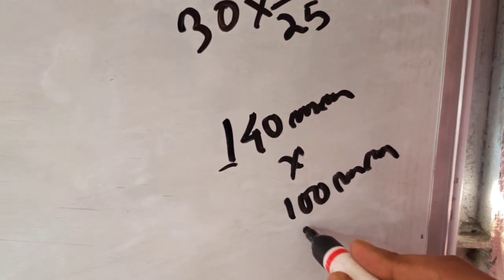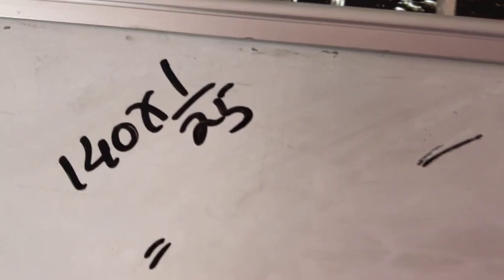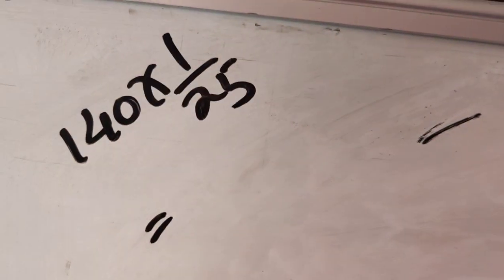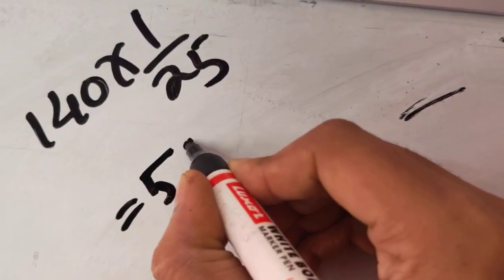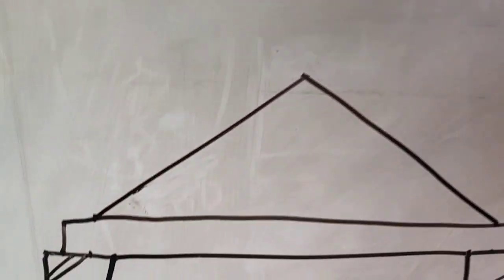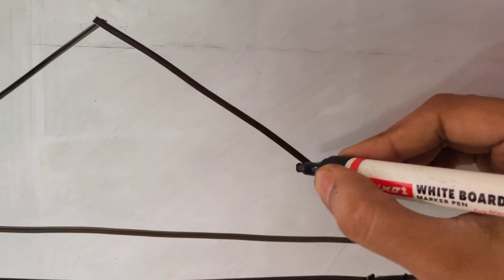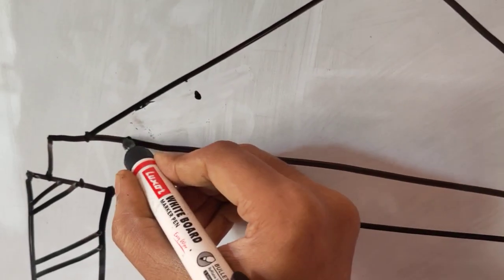Breadth is 140 and thickness is 100. So the breadth will be represented by 140 into 1 by 25 because 1 by 25 is our scale. And this comes to be 5.6 millimeter. Okay. So mark 5.6 millimeter from here and draw this line.